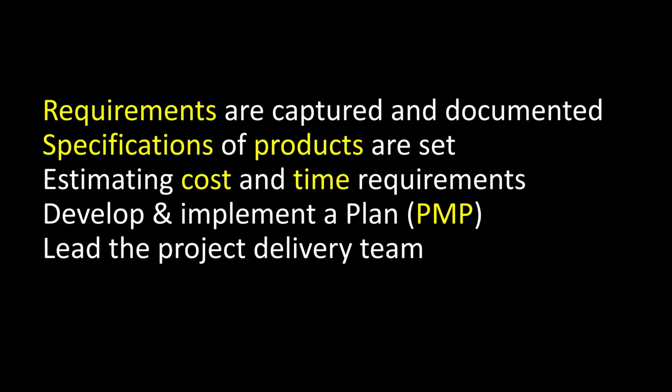So we need to make sure we've got some specifications that feed directly into our quality planning. Again, we'll do that in another video. We're going to do some estimating of our costs and the time requirements for this project. We're not going to be able to do that precisely, but we are going to do some pretty good estimating. We'll talk about estimating again in another video.